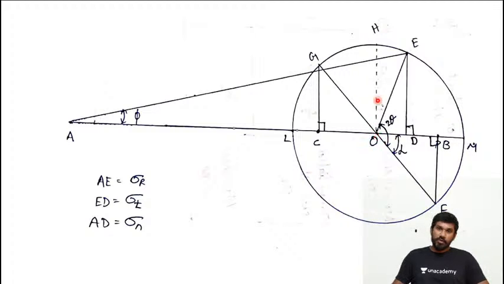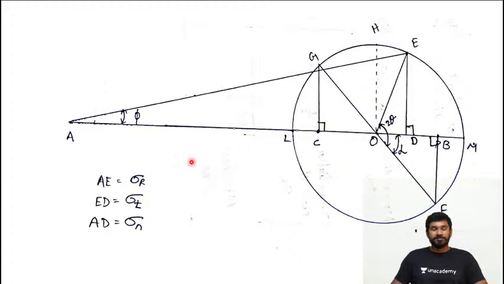Now mark it as O, and from that O take 2 theta, measured from OF. Draw a line which should merge with E. From E, as usual, draw a vertical line and join A. So AD represents the normal stress, ED represents the tangential stress, AE represents the resultant stress.